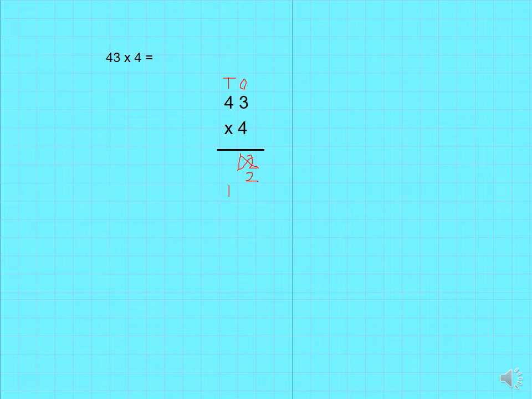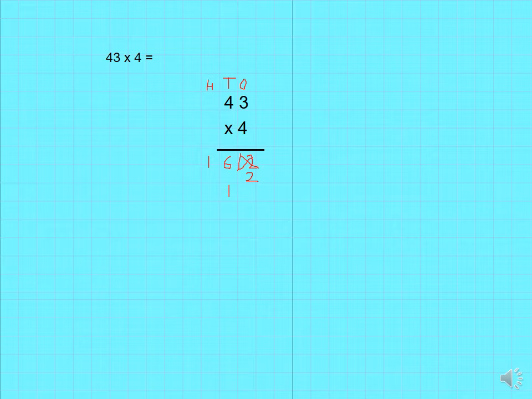So now we are going to multiply 4 and 4. 4 times 4 is 16. So remember, just like the last one, we are going to put our 6 here, and then our 1 goes into our hundreds column, okay? But don't forget this little one here.